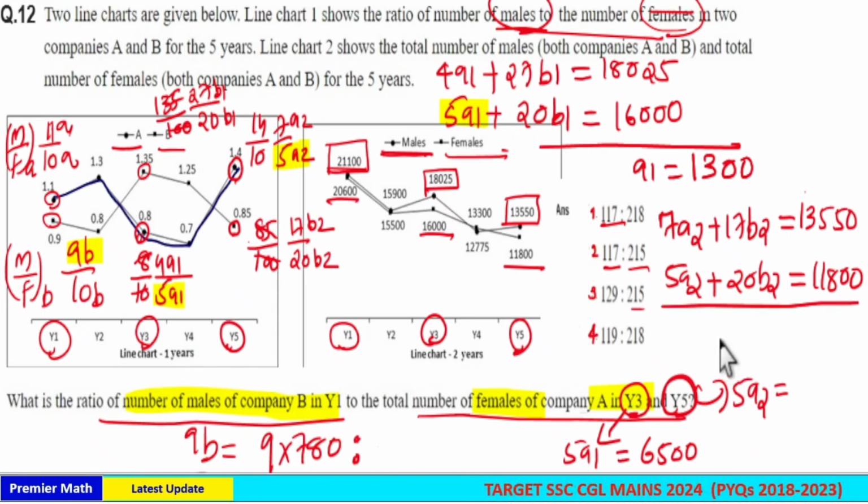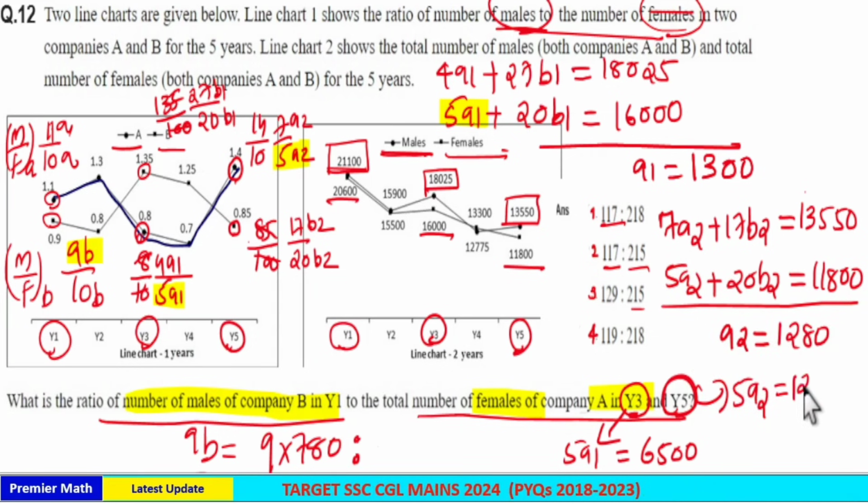Now if you solve this, you will get A2 as 1280, which means 5A2 is equal to 1280 into 5, 6400.